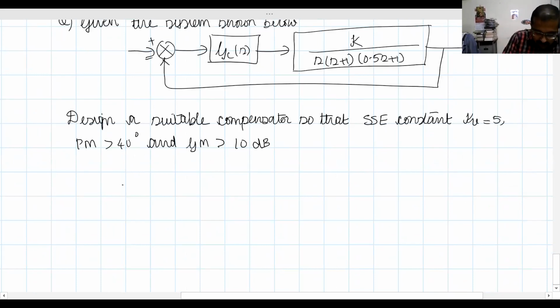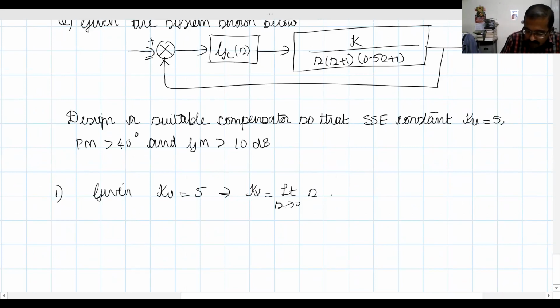What's the steady state error requirement here? The constant KV must be equal to 5. So step 1: given KV must be equal to 5. What is KV? KV is nothing but limit S tends to 0, S into G of S. So 5 must be equal to limit S tends to 0, S into K divided by S into (S plus 1) into (0.5 S plus 1).